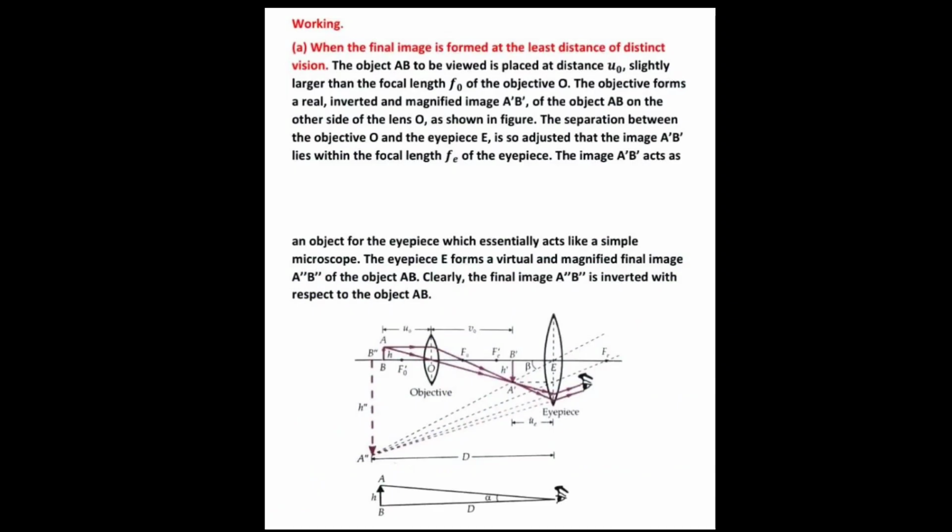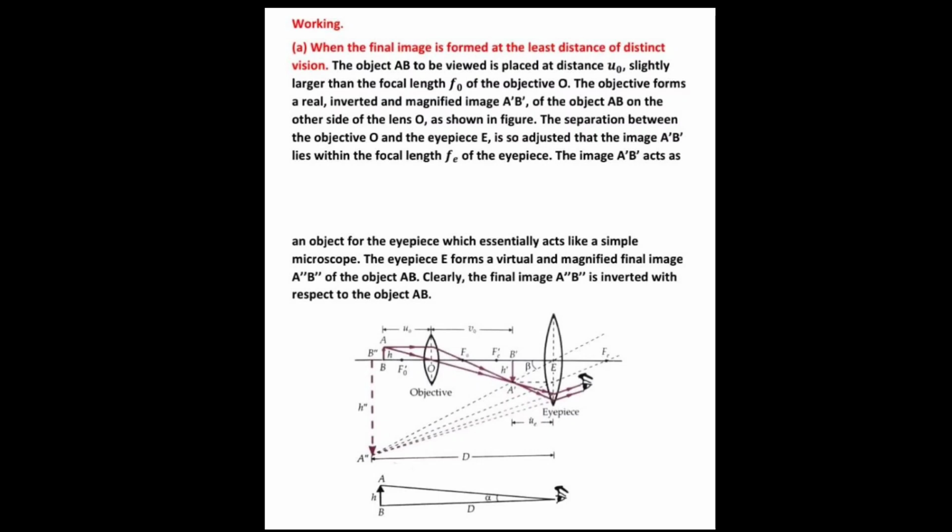Now we are going to understand the working. First of all, look at the diagram. There are two lenses. One is known as the objective, which is near to the object, and the other one is known as the eyepiece. First, when the final image is formed at the least distance of distinct vision, we have an object which is named AB.